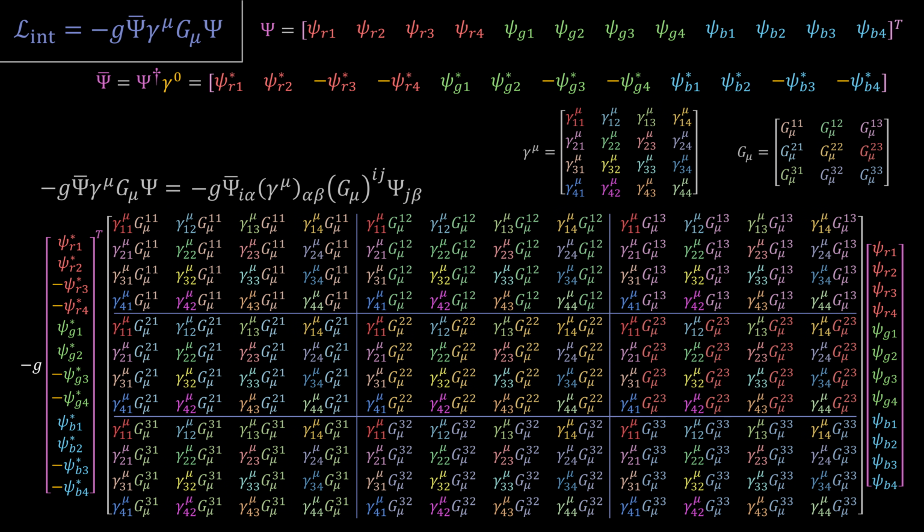See, because gamma mu pertains to the spinor indices of our wave function, whereas our gauge field G mu pertains purely to the color indices of our wave function and is completely insensitive to the spin indices. And that's actually very nice because it means that gamma mu and G mu, they don't trip over each other. They don't get all tangled up. Each one sort of minds its own business, okay?